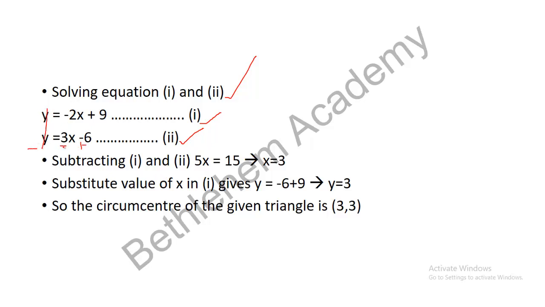I would get minus 5x plus 15 is equal to 0, or 5x is equal to 15, or x is equal to 3. When I substitute the value of x in 1, I get y is equal to minus 2 into 3, that is minus 6, plus 9, or y is equal to 3. So the circumcenter of the triangle is 3 comma 3.